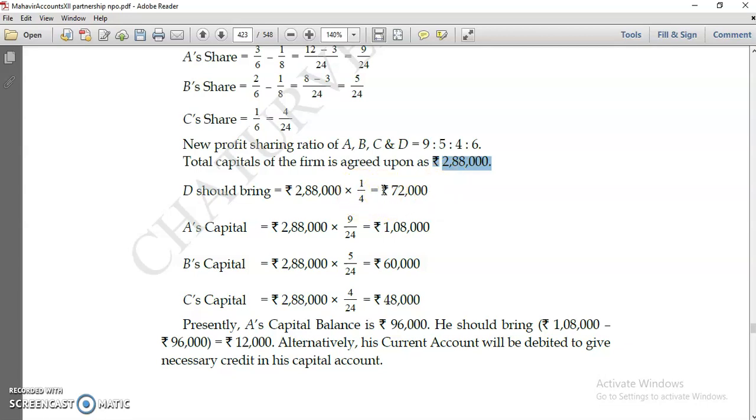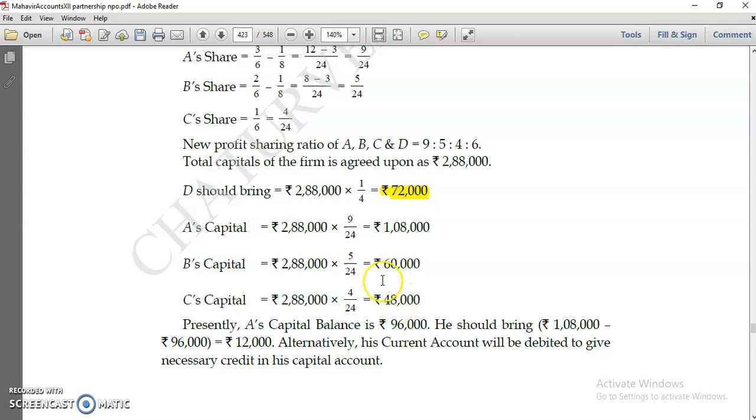It means out of the 2,88,000, 72,000 is brought in by the new partner, and the new ratio is 9 by 24. So 2,88,000 multiplied by 9 by 24 means 1,08,000 would be the share of A, 60,000 of B and 48,000 of C.